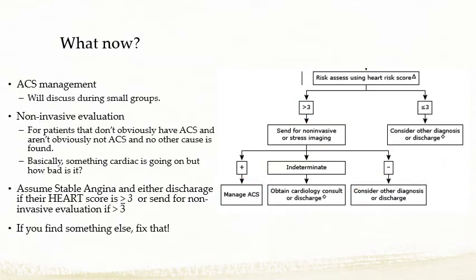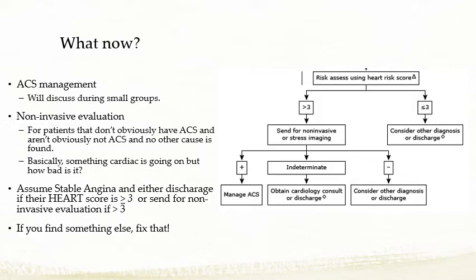So kind of what I talked about already, but what are we going to do now? ACS management, anytime you get down to that part of the algorithm, we'll talk about that in small groups. As far as non-invasive evaluations, it's for patients that are not obviously not ACS, right?